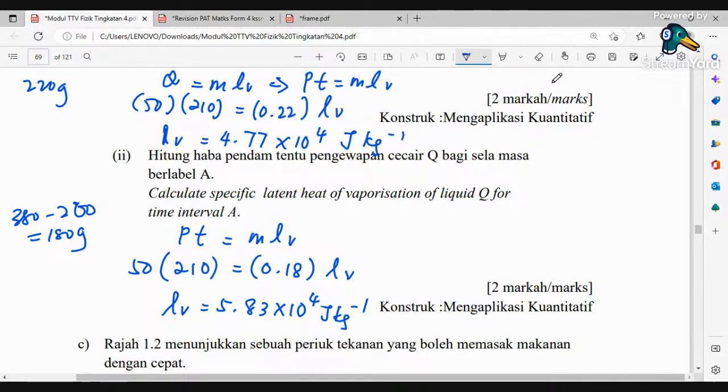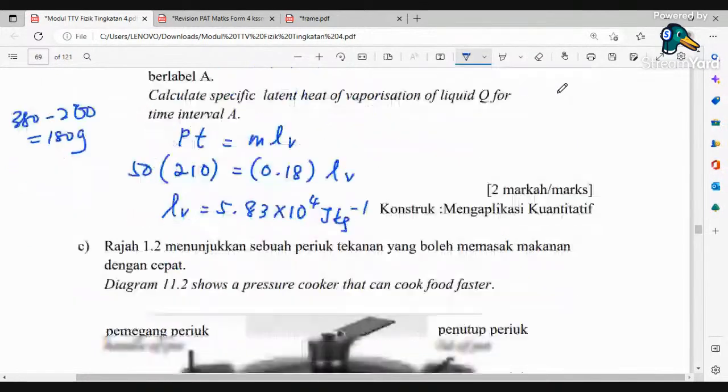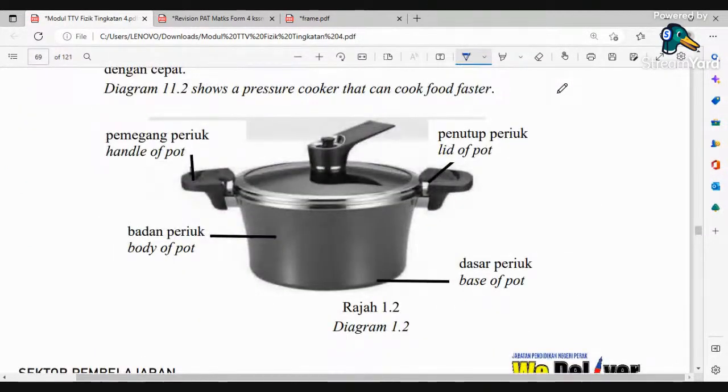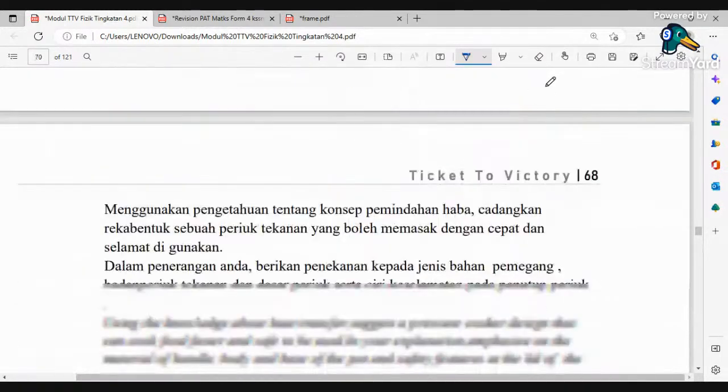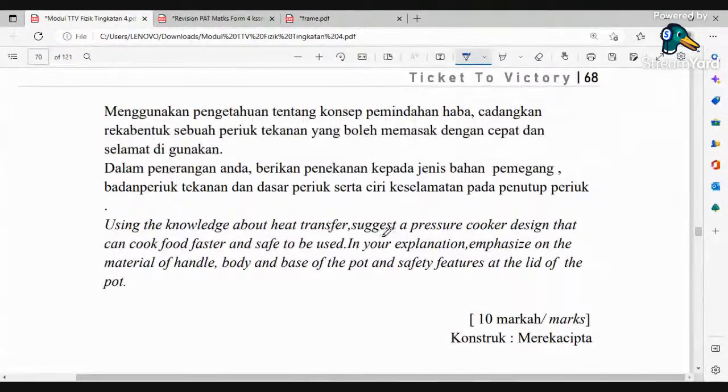Okay, part C. The diagram shows a pressure cooker that can cook food faster. Okay, so you can see the components: handle of pot, body pot, lid of pot, cover, and base of pot. Question: using the knowledge about heat transfer, suggest a pressure cooker design that can cook food faster and is safe to be used.